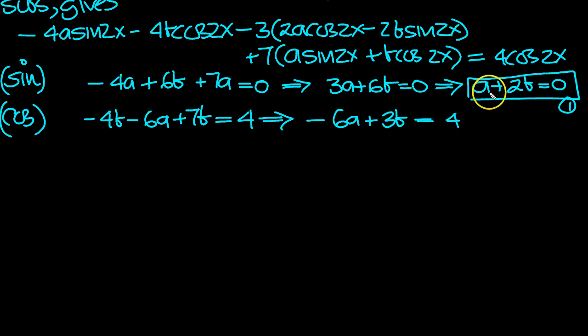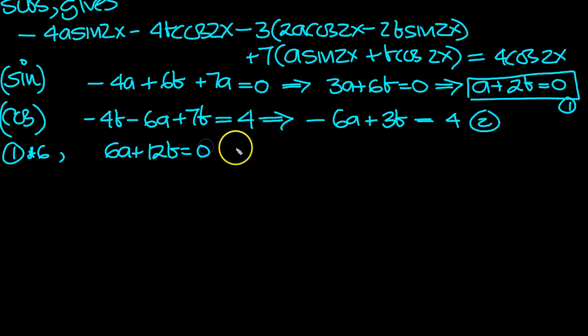Okay, so we've got a plus 2b and we've got minus 6a. So I'm going to times this one by 6. I'm going to label this one as 2. And I'm going to do 1 times 6. And I'm just going to write that down. And it's going to be 6a plus 12b, isn't it? Equals 0. Label that 3. And then we've got minus 6a here plus 3b is equal to 4.